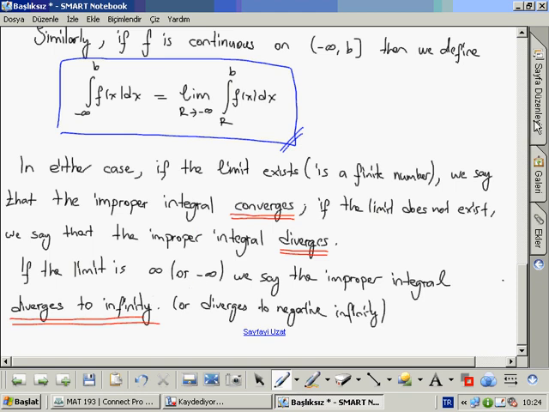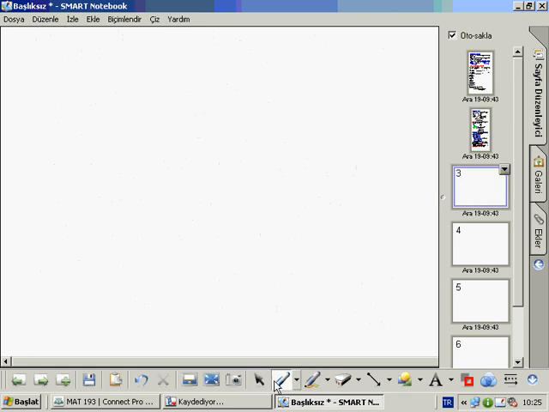And let me give you a small theorem about it.